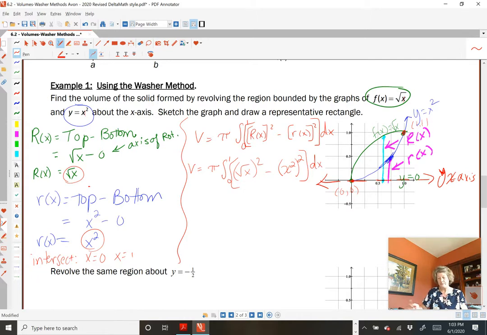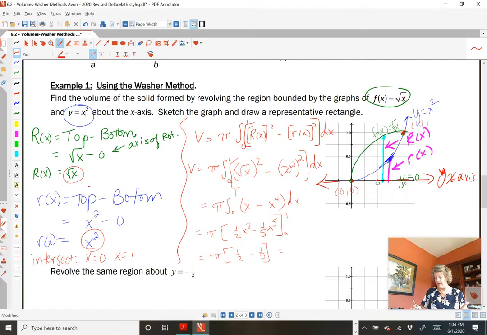dx. And then I'm going to do this one by hand. It's not too bad of one. So I get x minus x to the 4th dx. Let's integrate. We'd have pi times 1/2 x squared minus 1/5 x to the 5th, evaluated from 0 to 1. Put 1 in first, and 1 squared will give us a 1/2. 1 going into the 5th power gives us a 1/5. 0, of course, is going to zero out on this one.